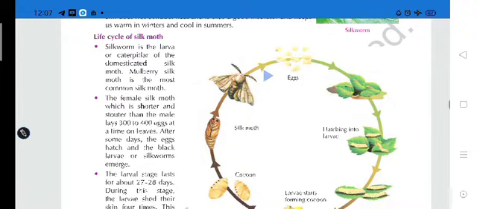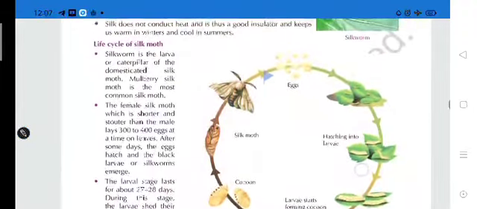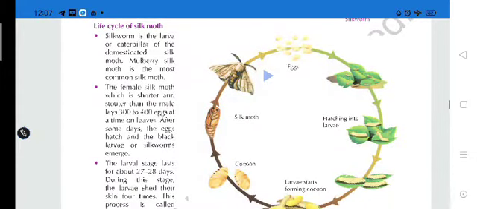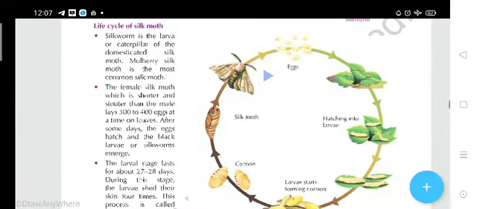Now here we have to discuss the life cycle of a silk moth. Students, in this flowchart we can easily understand what's happening. Here are the eggs, and after the hatching of eggs, the caterpillars will come out from the eggs and will eat food on the mulberry leaves, and it will grow, and it will grow more, and by eating food it will start forming the cocoon.